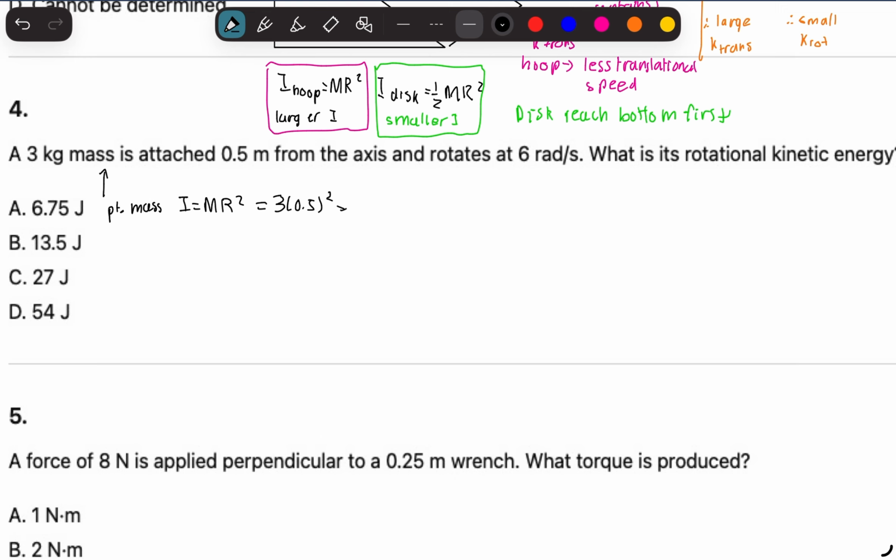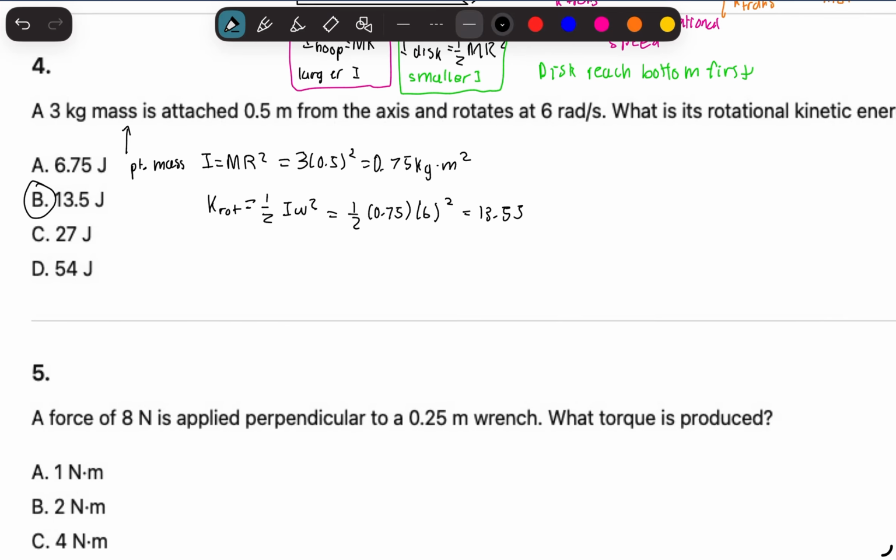So that's going to be equal to 0.75 kilograms times meters squared. Now that you have I, you can now find the K rotational. So that's going to be 1/2 I omega squared. That's 1/2 of 0.75 times 6 squared. And that's going to be 13.5 joules, which is B.